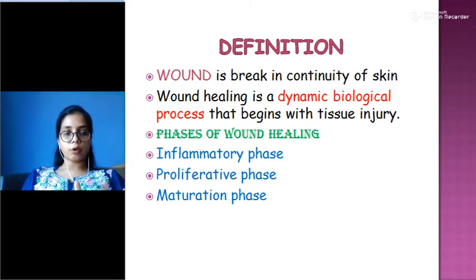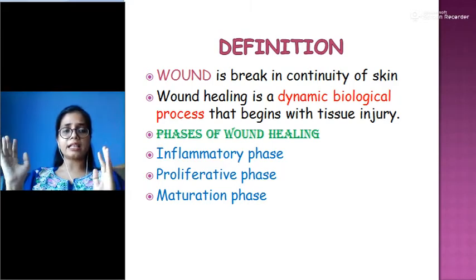So as we all know, there are three phases of wound healing. The inflammatory phase is the first phase. It sets in as soon as the injury takes place. As soon as the injury takes place, there is an inflammation over that portion. There will be histamine, white blood cells, antibodies, everything getting into the place.